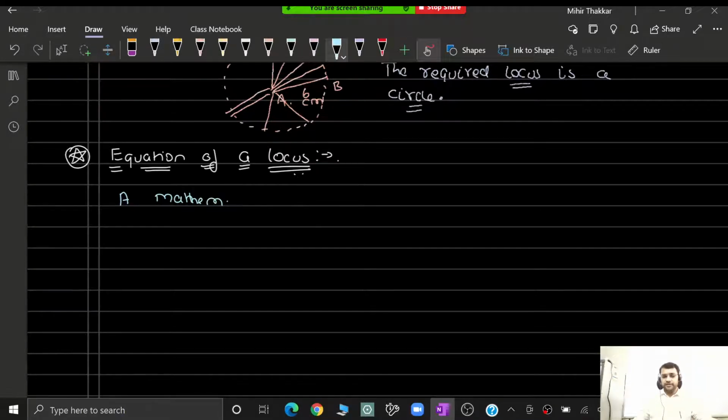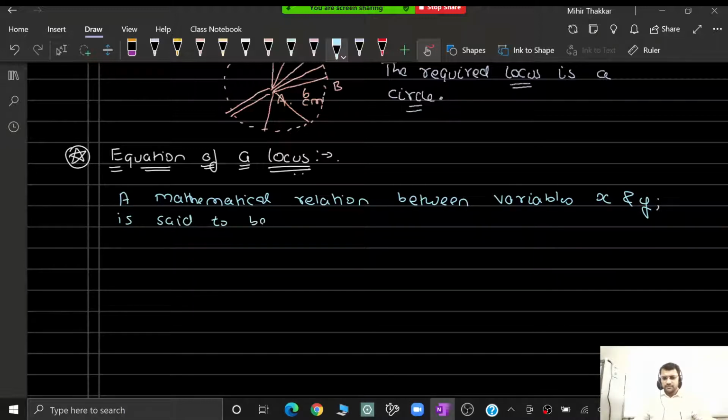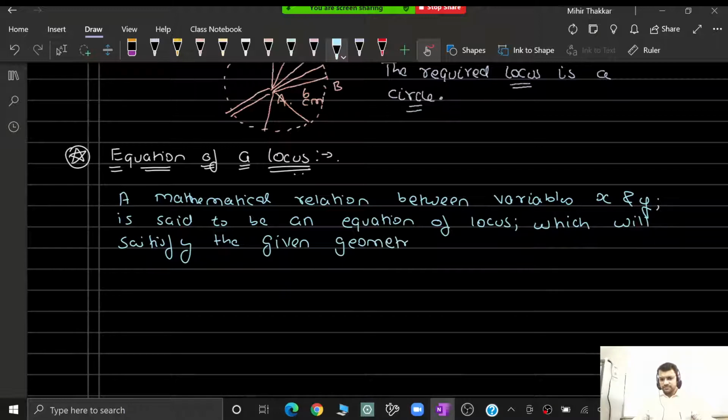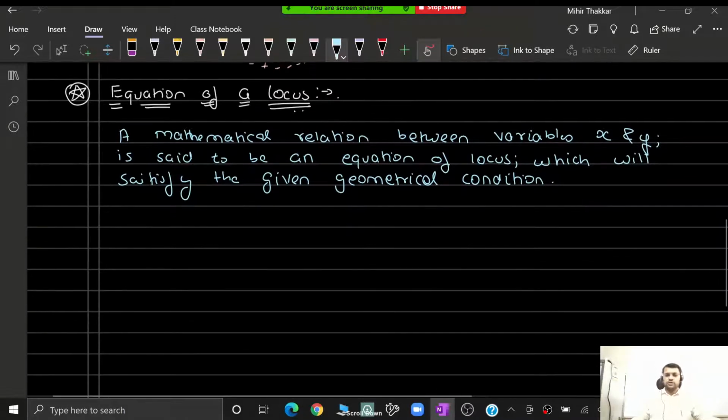A mathematical relation between variables x and y is said to be an equation of locus which will satisfy the given geometrical condition.